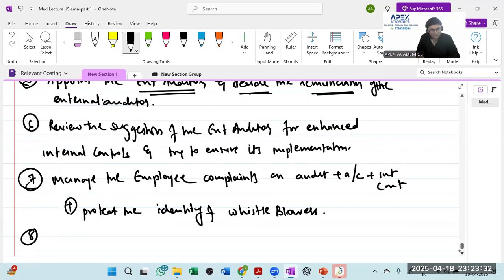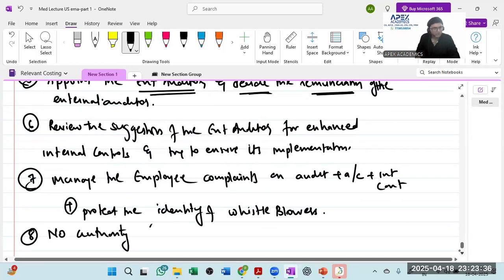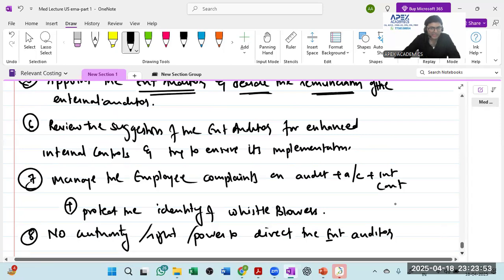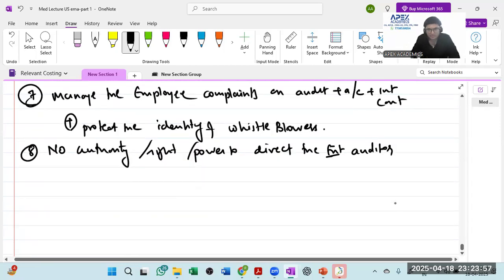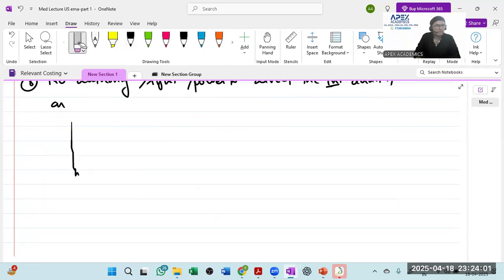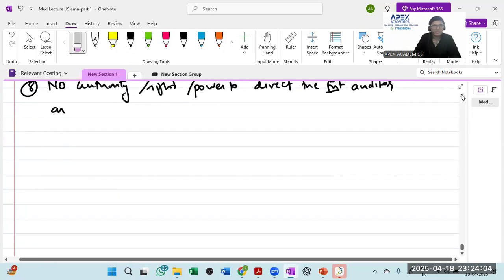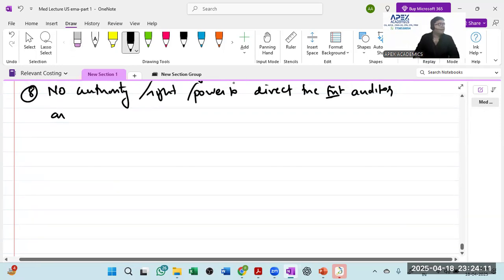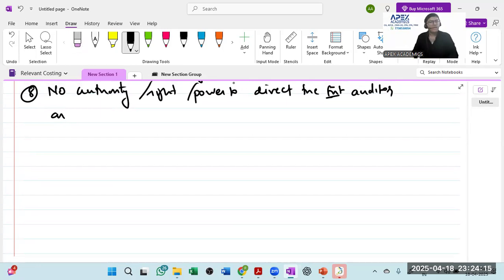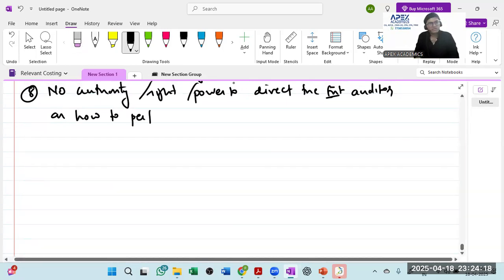Number 8, they have no authority, right, or power to direct the external auditor on how to perform the audit.